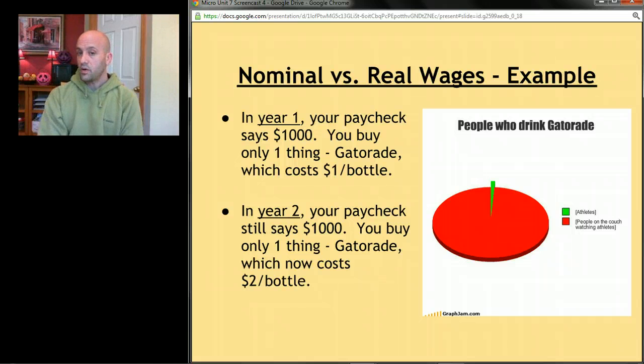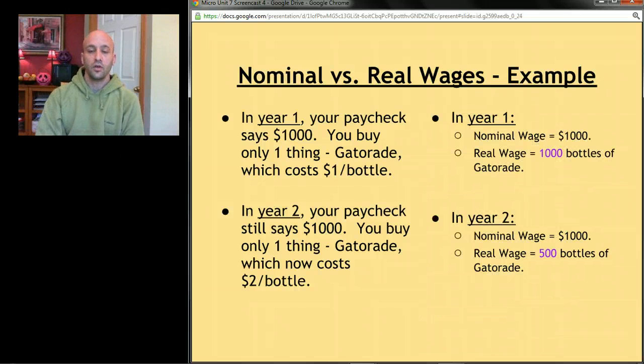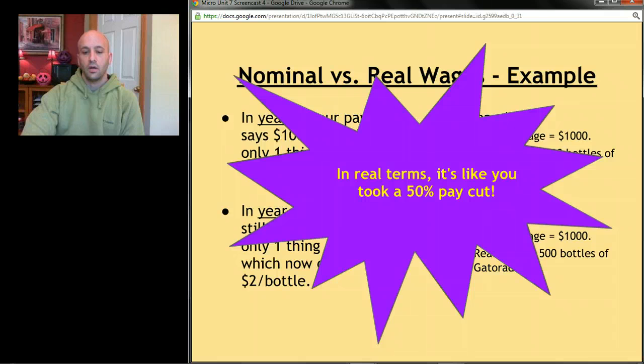Notice that your nominal wage hasn't changed. You're still seeing $1,000 on your paycheck, but your real wage has changed. In year one, your paycheck would enable you to buy 1,000 bottles of Gatorade, and in year two, your paycheck, which looks the same, only enables you to buy 500 bottles. In real terms, it's like you took a 50% pay cut.